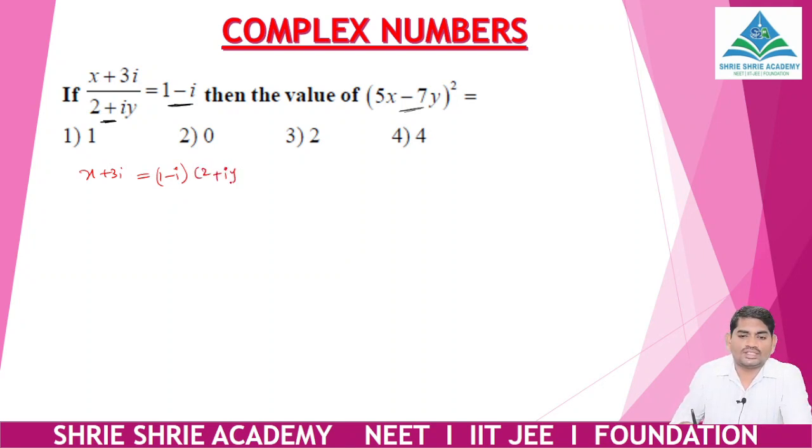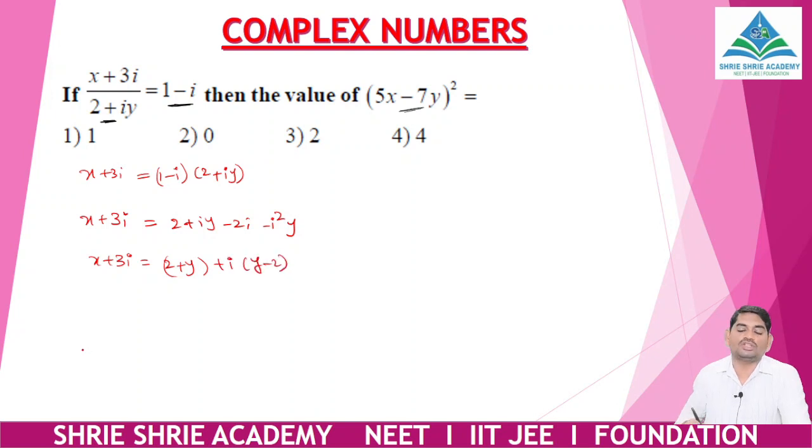We got (2 plus iy). Then x plus 3i is equal to, multiply this, we got 2 plus iy minus 2i, then minus i square y. Then x plus 3i is equal to, i square value is minus 1, so we got plus y plus 2. If we take i common, inside the bracket we got y minus 2.